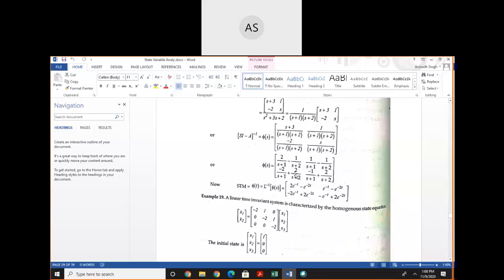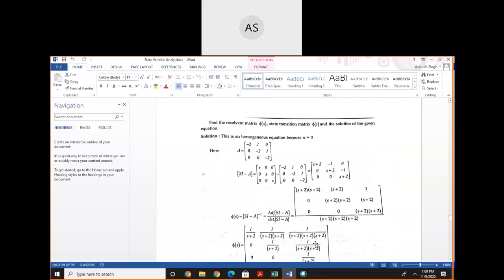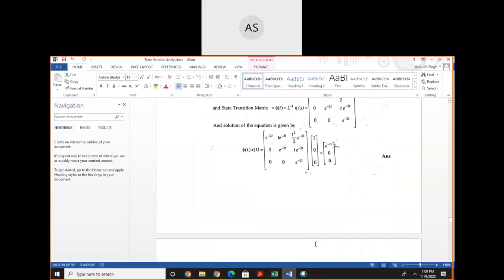And if we take the inverse Laplace transform of psi of S, this term reduces to 2 exponential minus t minus exponential minus 2t. This term reduces to exponential minus t minus exponential minus 2t.